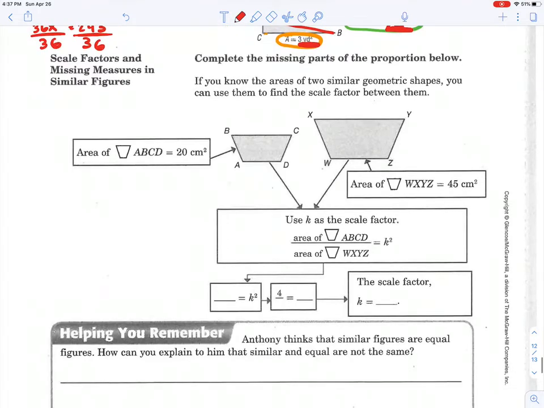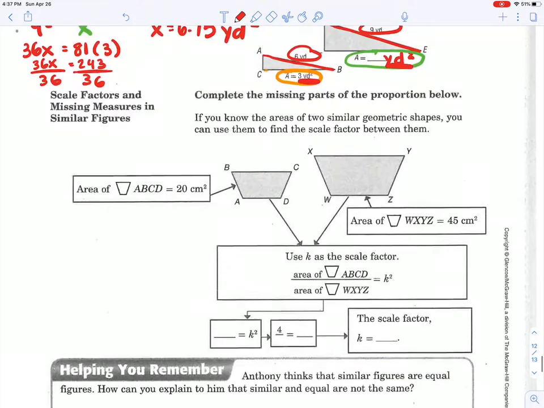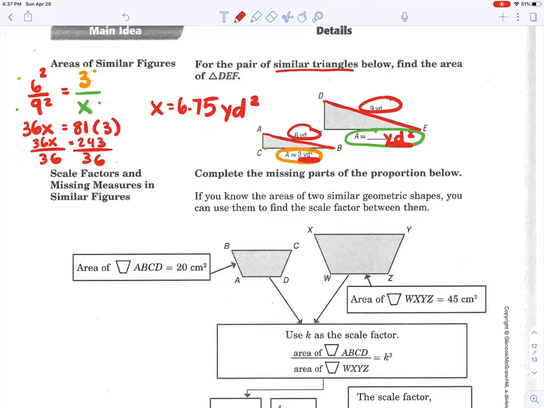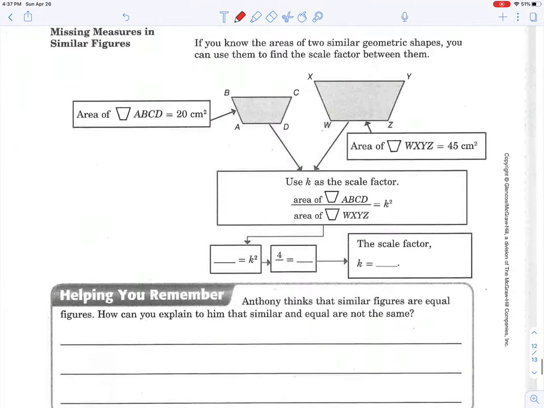Let's try another one. If you know the areas of both of them, so in this case we only knew the area of one and we were solving for the other area, this one I'm going to be given both of the areas. So trapezoid ABCD has an area of 20 centimeters squared. Trapezoid WXYZ has one that's 45 centimeters squared. So I'm going to use the same proportion I had before.